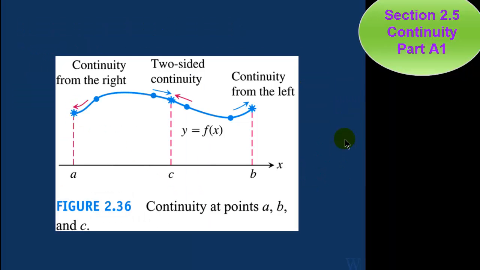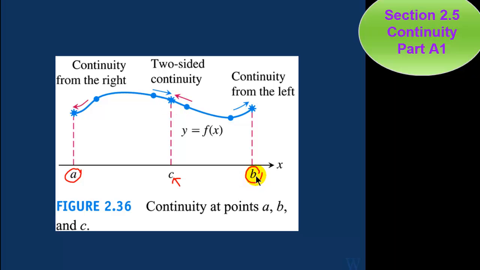So to define continuity from the previous slide and from the example, what we did is we examined the two endpoints of our domain as well as the interior. Notice that for this function f to have continuity from the right, the limit exists and it's equal to the function value. At an interior point c, the limit exists as x approaches c because the y values from the left and from the right approach f of c.